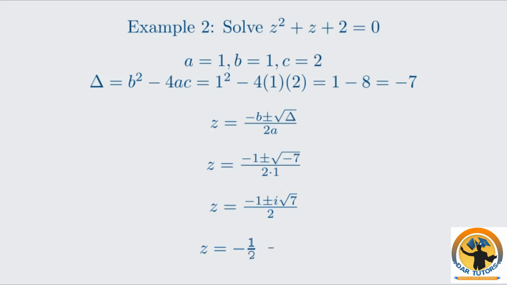The solutions are z equals -1/2 plus i times the square root of 7 over 2, and z equals -1/2 minus i times the square root of 7 over 2. These are two complex solutions, so we have successfully solved quadratic equations with negative discriminants by introducing the imaginary number i. We have met our first objective.